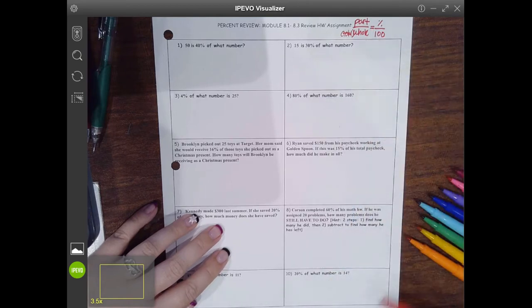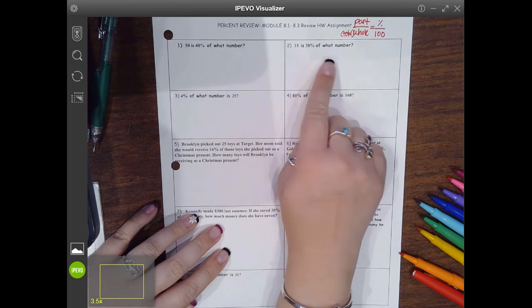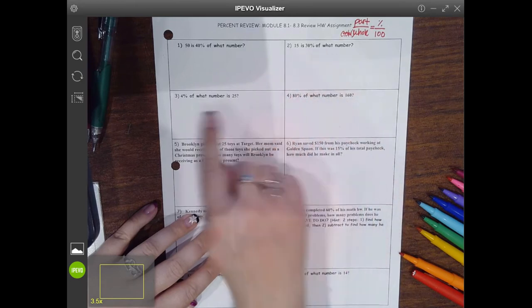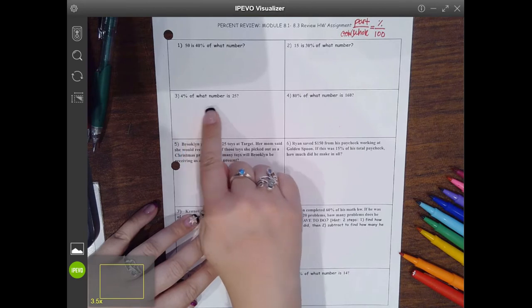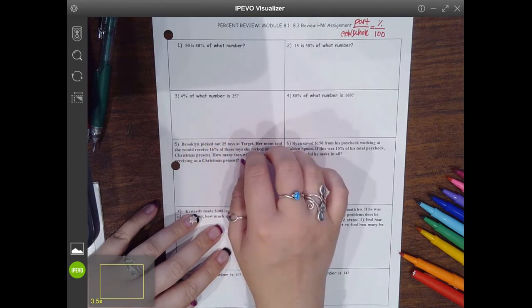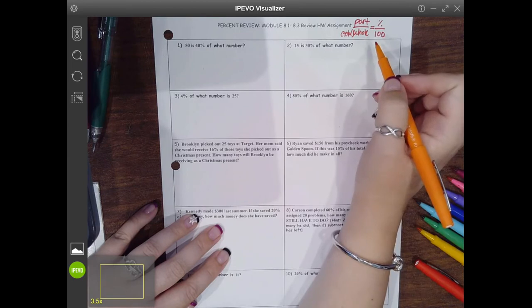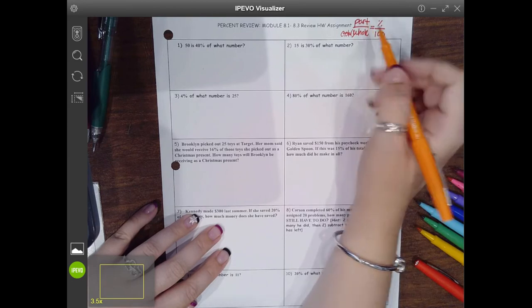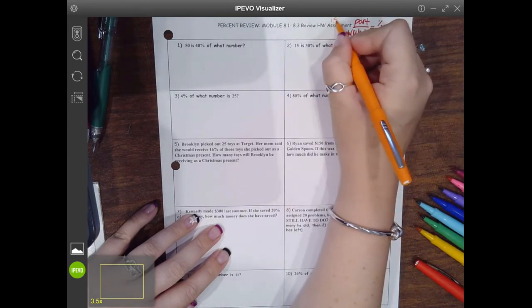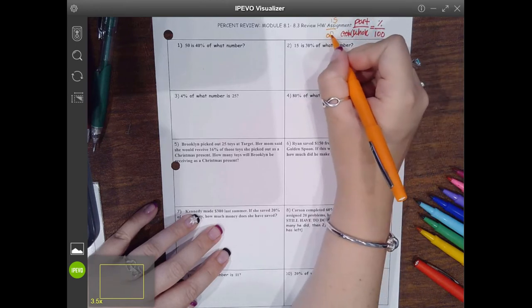And another one that is helpful is a lot of times they phrase them like this: 15 is 30% of what number, or 4% of what number is 25. They phrase them a little bit differently. And so then what's helpful is I'm going to adjust this just a little bit. I'm going to say part is kind of like is, and the total is kind of like of.